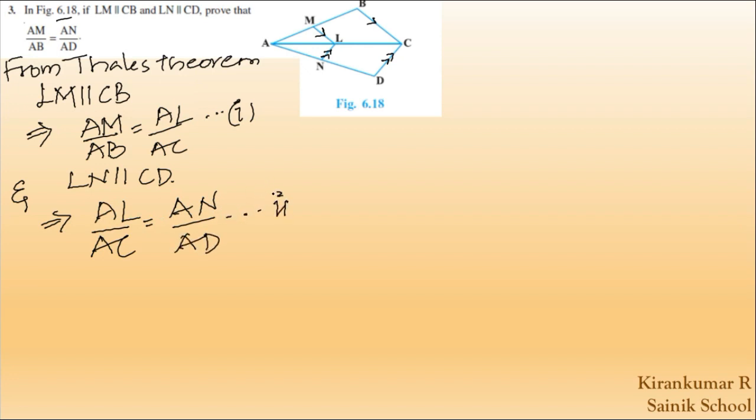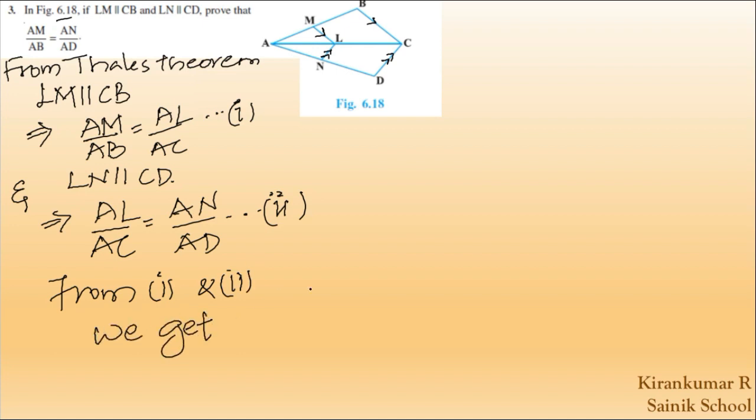This is equation 2. From equation 1 and 2, we get AM upon AB equal to AN upon AD, because AL upon AC is common in both the equations.